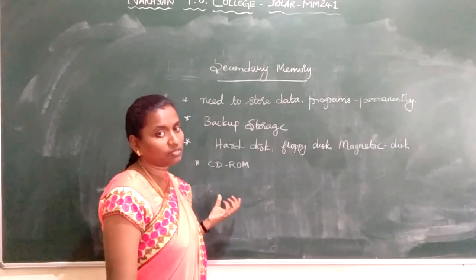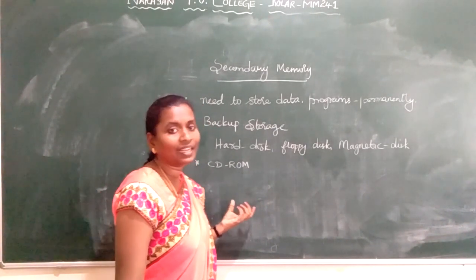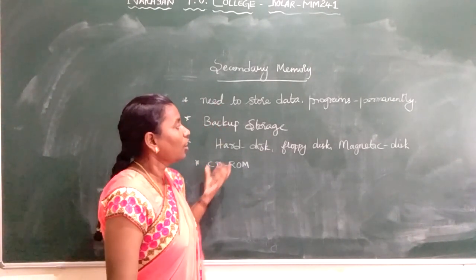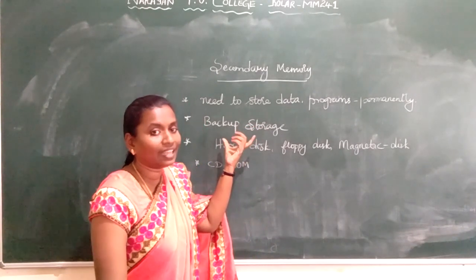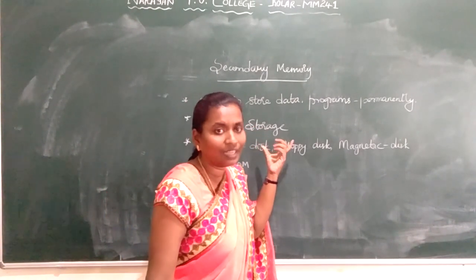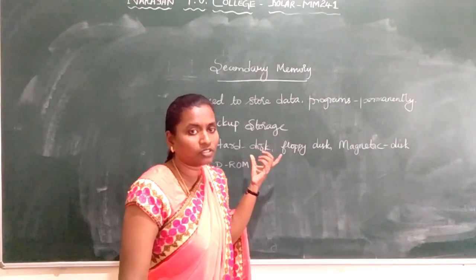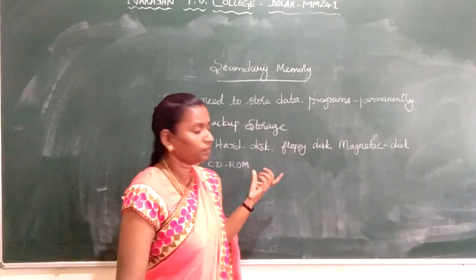When I talk about backup storage, obviously it is secondary memory. Usually it is in terabytes, gigabytes and petabytes. In big data storage, the range can be even larger. For domestic use we use only up to terabytes. When you use MongoDB and other big databases, they go for more storage capacity. It can be petabytes and more.